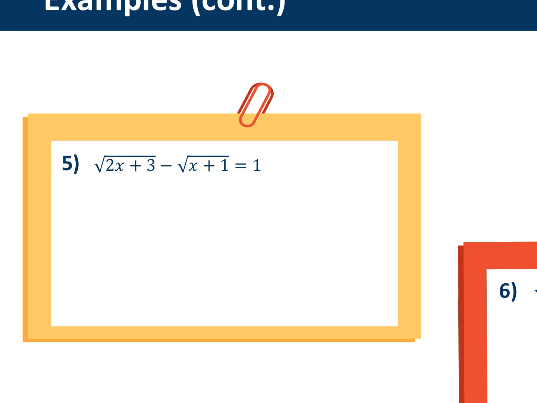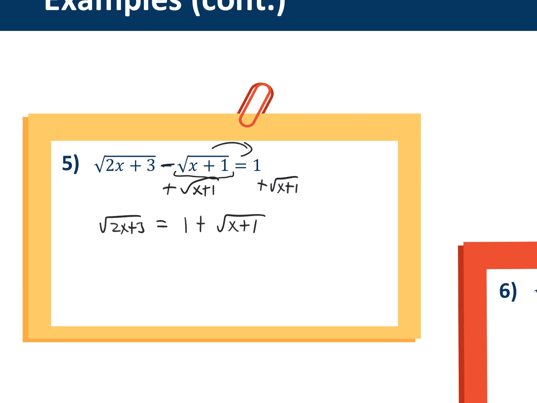So I'm going to start by getting this radical to the other side. Since it's negative, you want to add that radical on both sides, so add the square root of x plus 1. So we get the square root of 2x plus 3 equals 1 plus the square root of x plus 1.